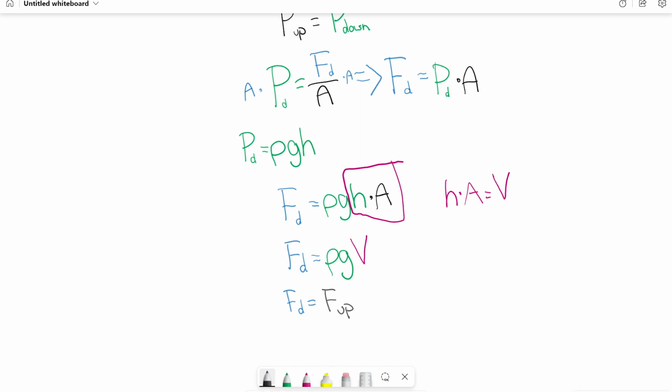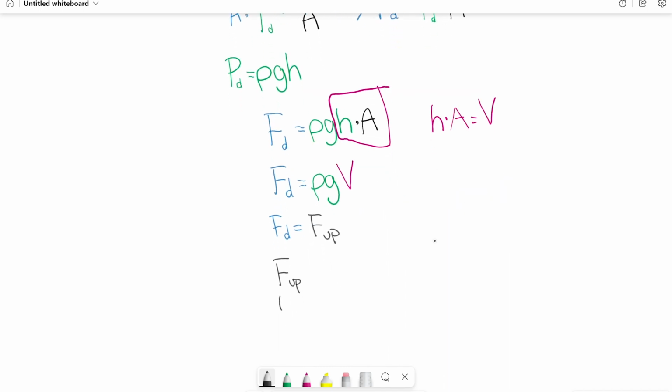And so then we could also say the force up, or the buoyant force in this case, which is the force that's pushing it up, is also equal to rho g V.